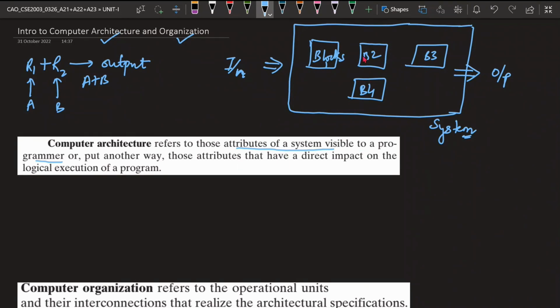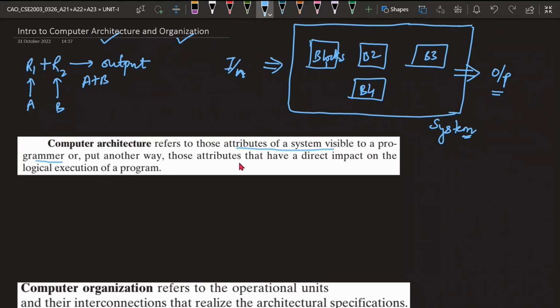These are the blocks visible to the programmer, or in other words, the blocks that impact the output of the system. After performing a particular operation, whatever the result will be is governed by these building blocks.